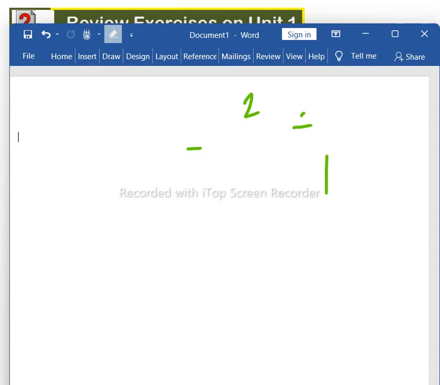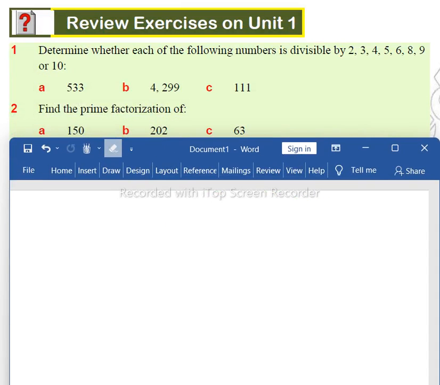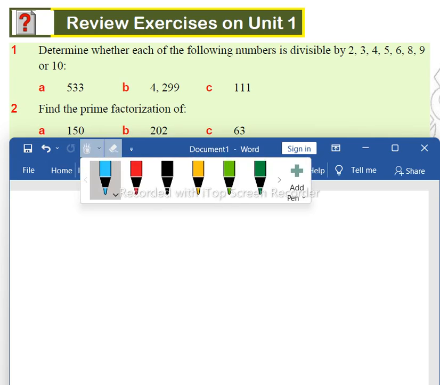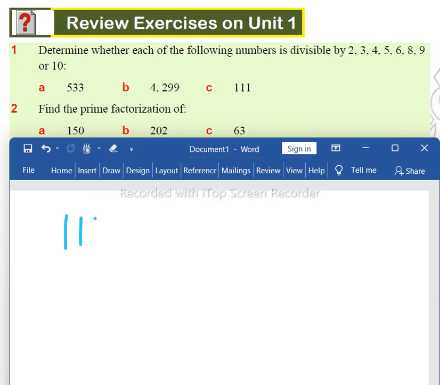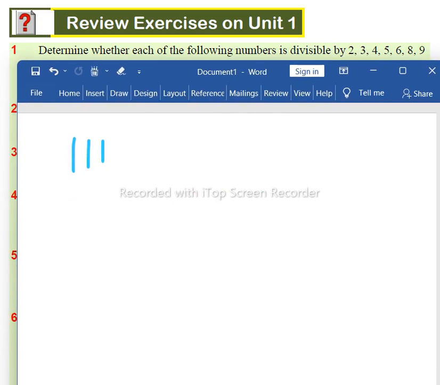Let us see letter C. We are given 100,111. This number is not divisible by 2, and not divisible by 4.